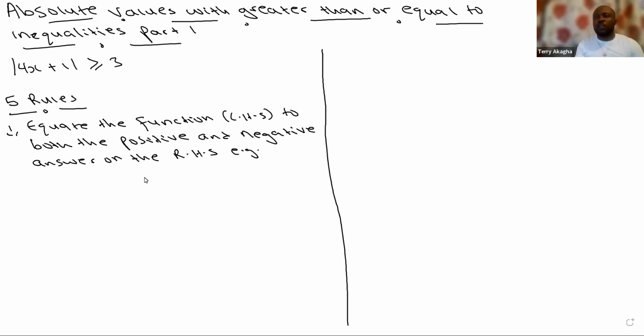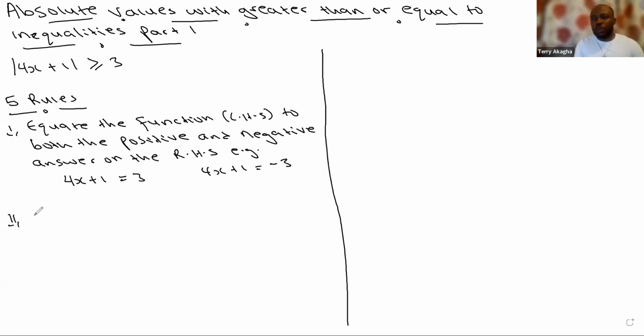So that means it's going to be 4x plus 1 is equal to 3, and 4x plus 1 is equal to minus 3. So that was the first one. You equate it to the positive, and you equate it to the negative.